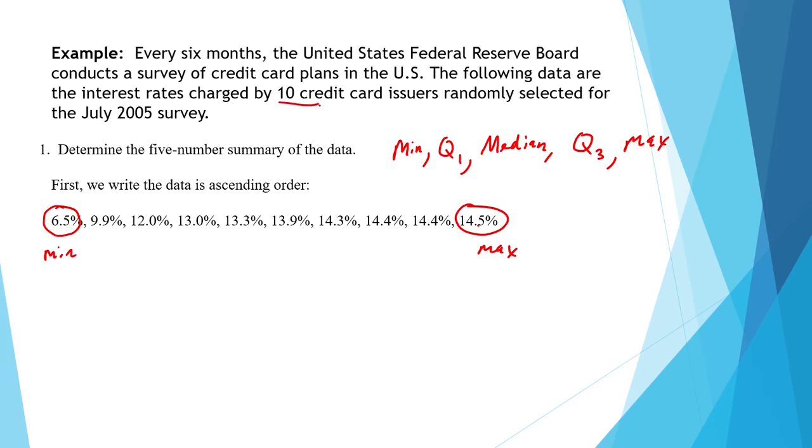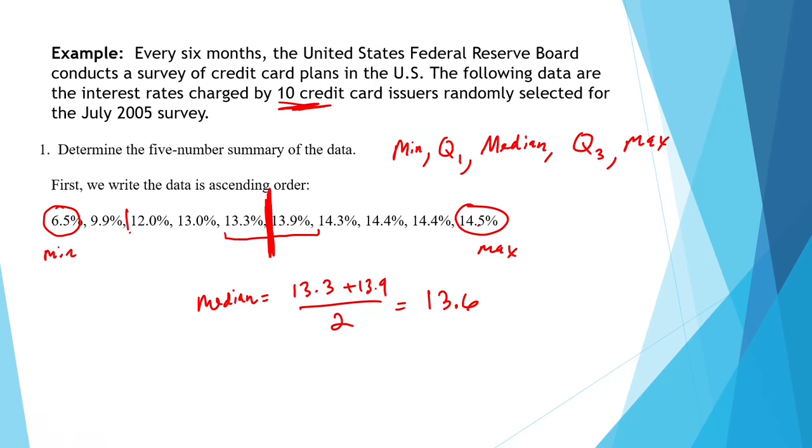And since we have 10 data values, that's going to be the 2 numbers in the middle, and we'll have to add them up and divide by 2. The 2 numbers in the middle are 13.3% and 13.9%. We're going to add these up and divide by 2 to find the median. The median is equal to 13.3 plus 13.9 divided by 2. And this gives us a median of 13.6.